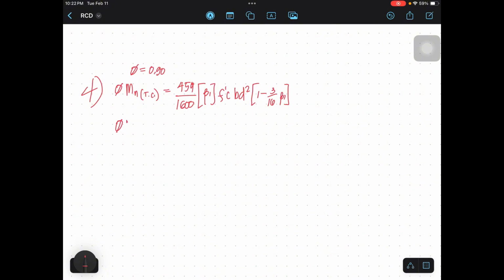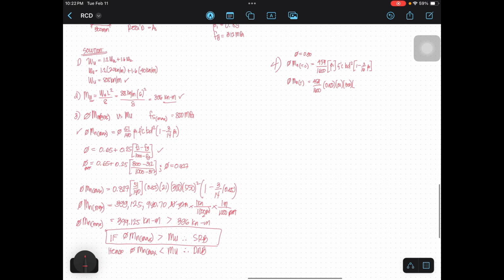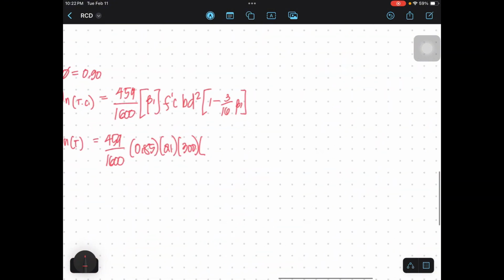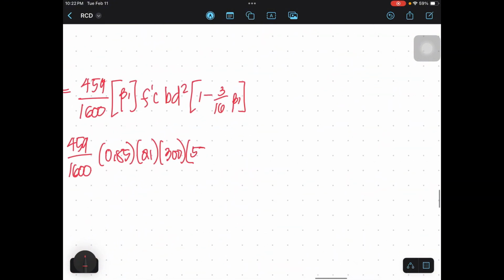Substitute this value, Mnt is 459 divided by 1,600. What is this? 0.85 f prime c na 21 megapascal, base of 300, and an effective depth of 550. Quantity 1 minus 3 over 16 times 0.85.